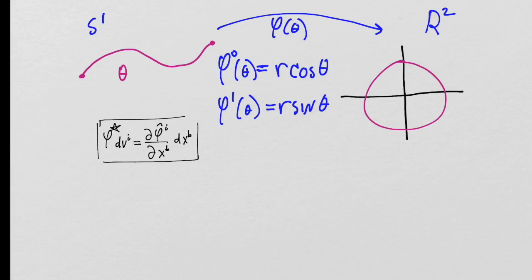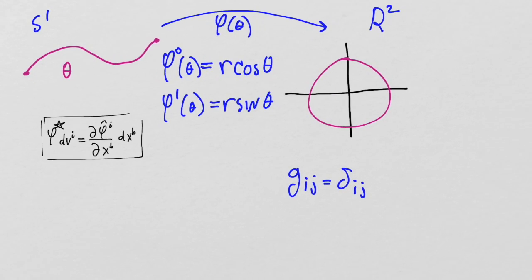And now I'm assuming, so once you've assumed, I guess the way to think about this is over here we have a metric, and that metric is g_ij equals delta_ij, and then it will be dx^i tensor product dx^j, right?